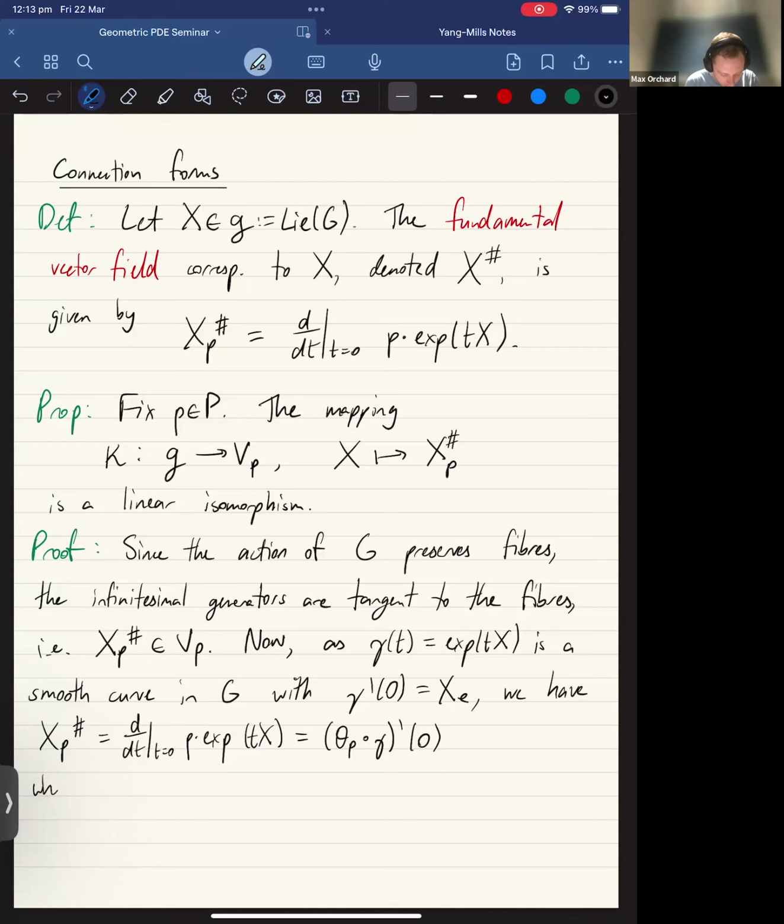So theta sub p goes from G to the fiber that p is contained in, and maps a group element to, well, this. And by definition of a principal G bundle, this is a diffeomorphism.